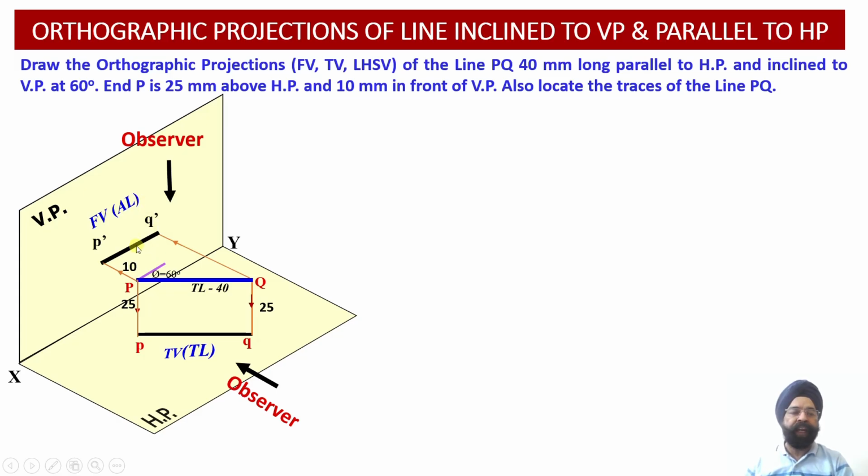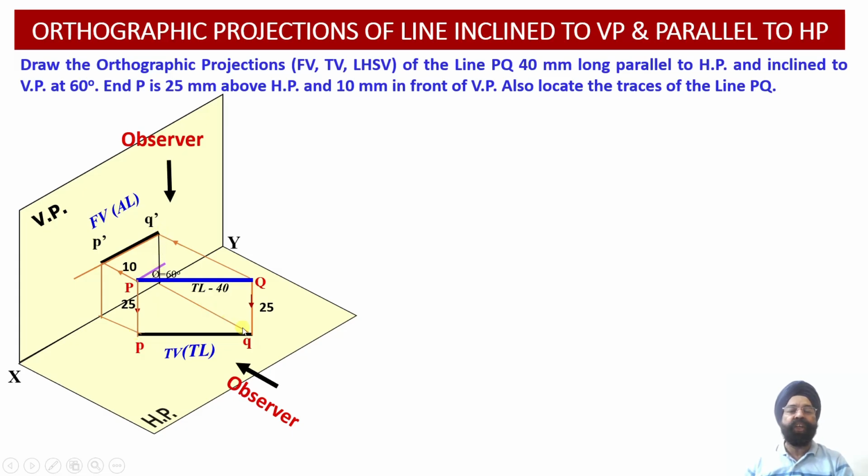So having obtained the front view projections and the top view projections of the line, now we need to join the points P dash and P, and Q dash and Q, so that we can establish the relationship between the front view and top view projections.